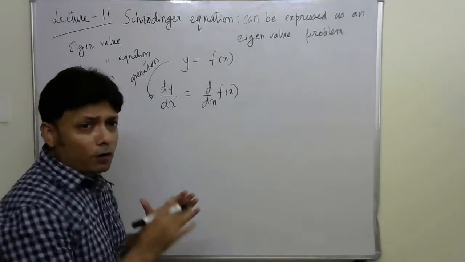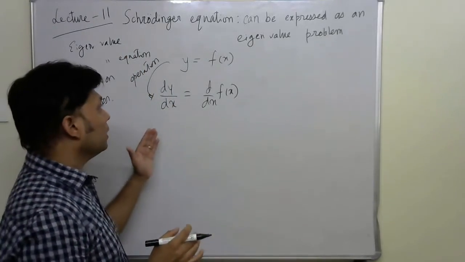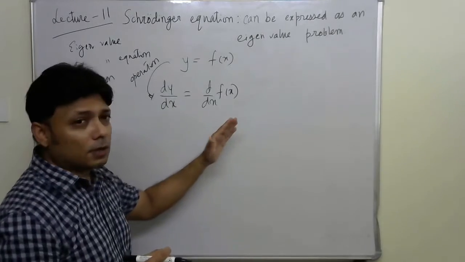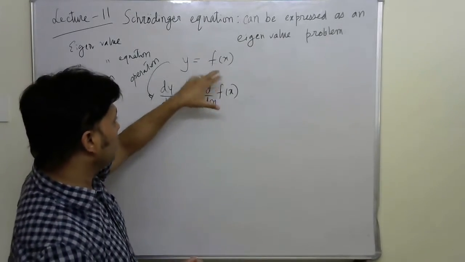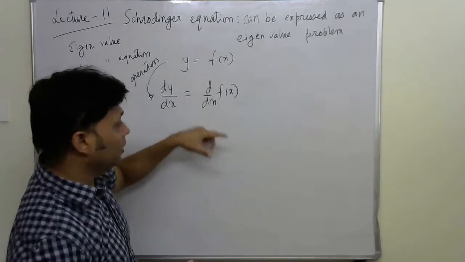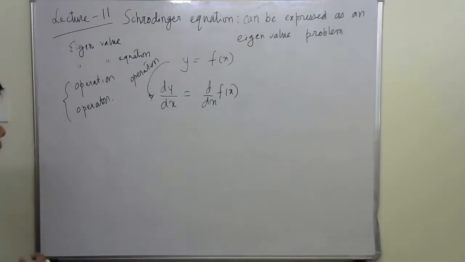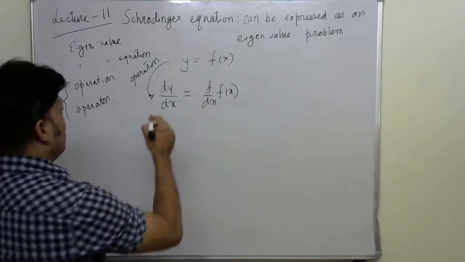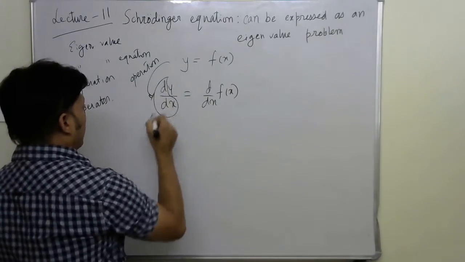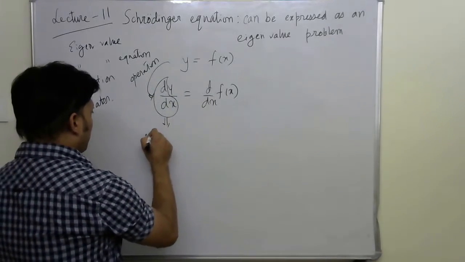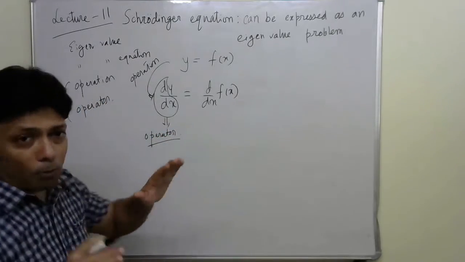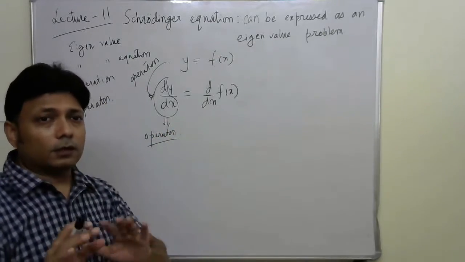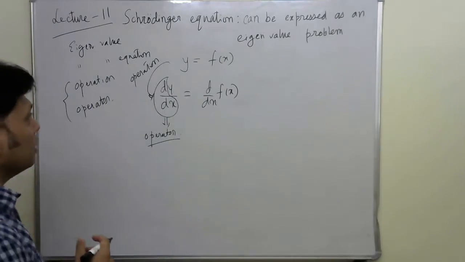We have performed an operation on y. Now f(x) has been changed: before it was f(x), and here it is the first derivative of f(x). This part d/dx may be called an operator, because an operator operates on a function and gives you some outcome.